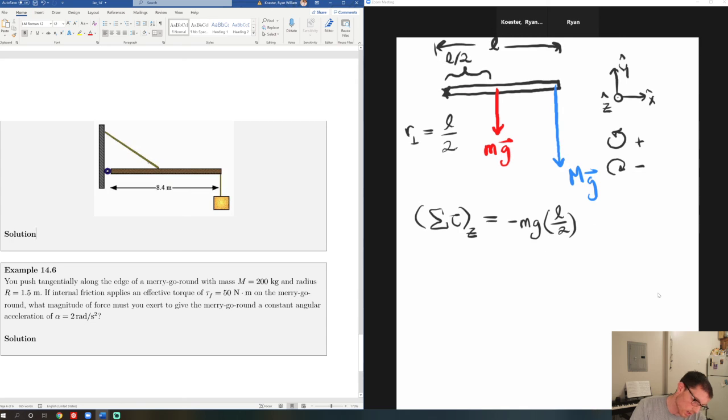And then we could say minus MgL, and we could say that R perpendicular for the weight on the box is just L.